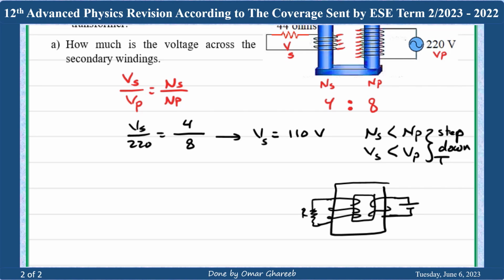This transformer is not working, so you cannot find Vs, because the transformer must operate with alternating current to guarantee there is a change in the flux every single second in the circuit. Okay?